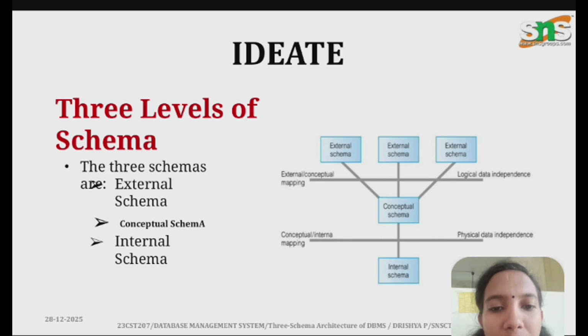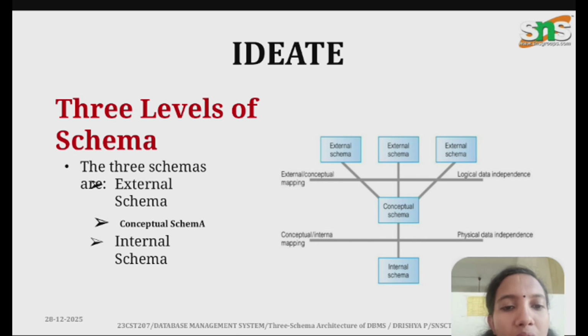Then we move on to the three levels of schema. The three schemas are the external schema, the internal schema, and the conceptual schema. The first one is the external schema. The diagram shows the three schemas. The highest level is the external schema, the middle level is the conceptual schema, and next is the internal schema.